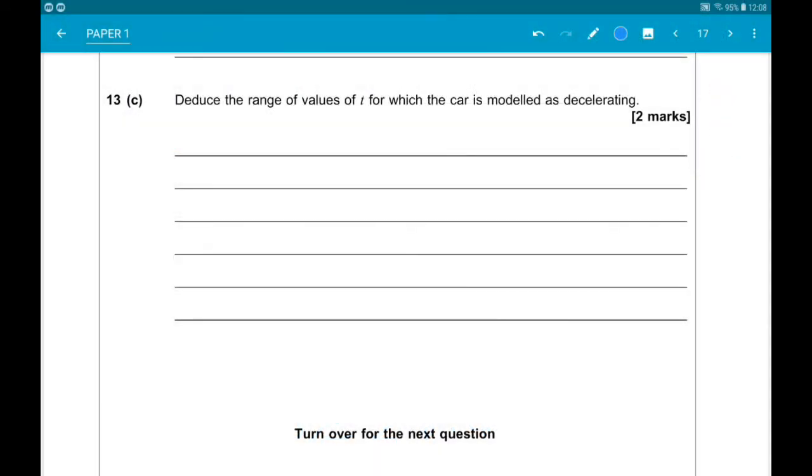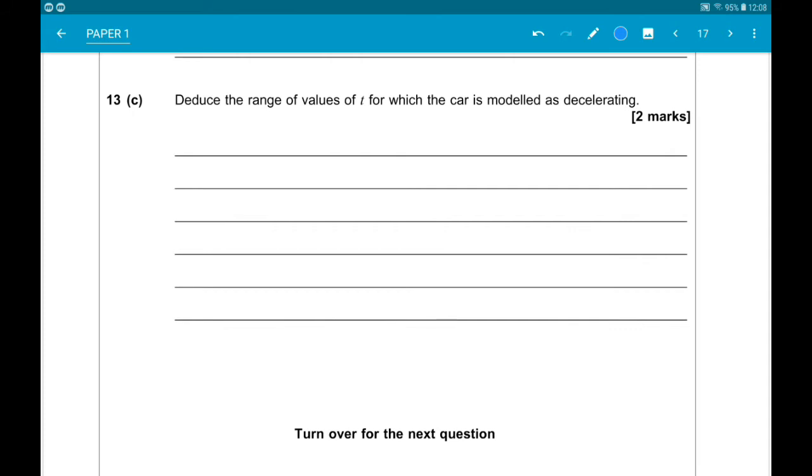Okay then, for part C, we want to deduce the range of values of t for which the car is decelerating. Okay, so think about what we just did. We found the acceleration function, which was a quadratic. We found the 2 points where acceleration was 0.